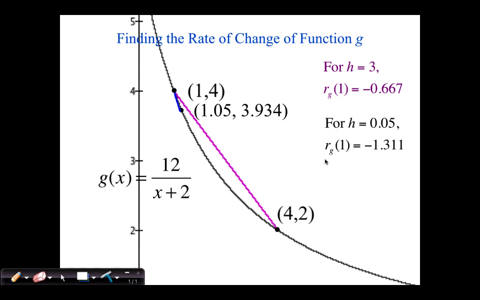This little tiny blue line segment that I put in is much closer, but still it's between these 2 points where I know the graph is getting less steep as I go. So I know that probably my actual rate is slightly more negative than this. I don't know how much more, but we can figure it out. But as I said, in order to figure it out, we can't just look at numerical values and necessarily figure out what an exact rate is going to be.